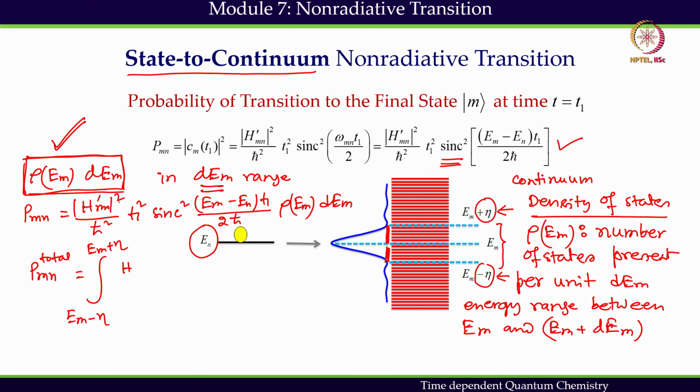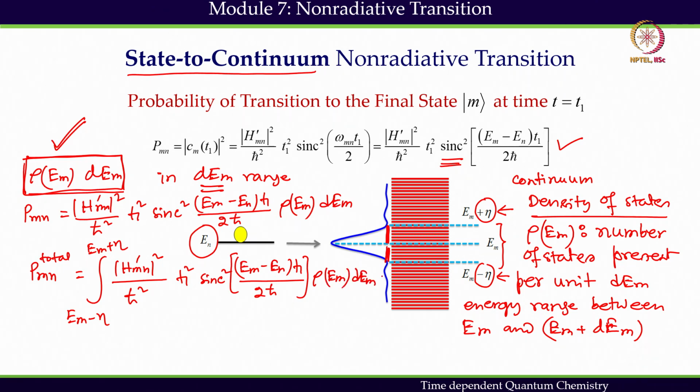H'mn squared divided by h-cut squared, then T1 squared, then the cardinal sine function squared, (Em minus En) T1 divided by 2 h-cut, then rho Em dEm.